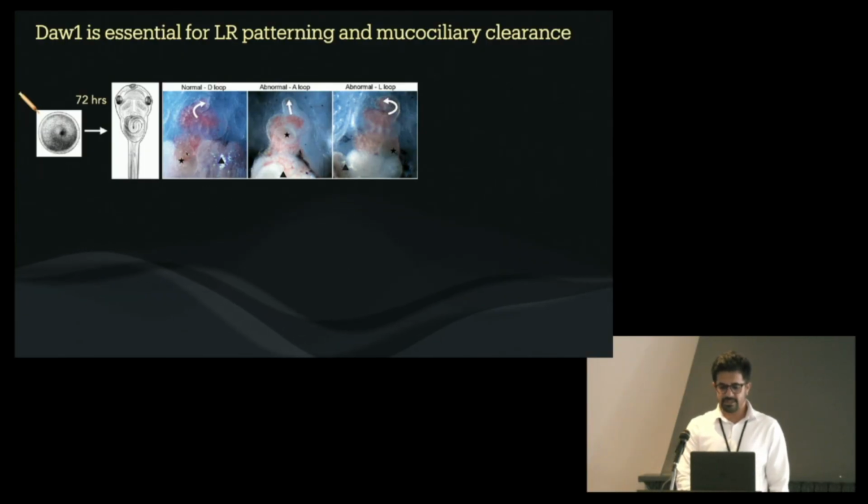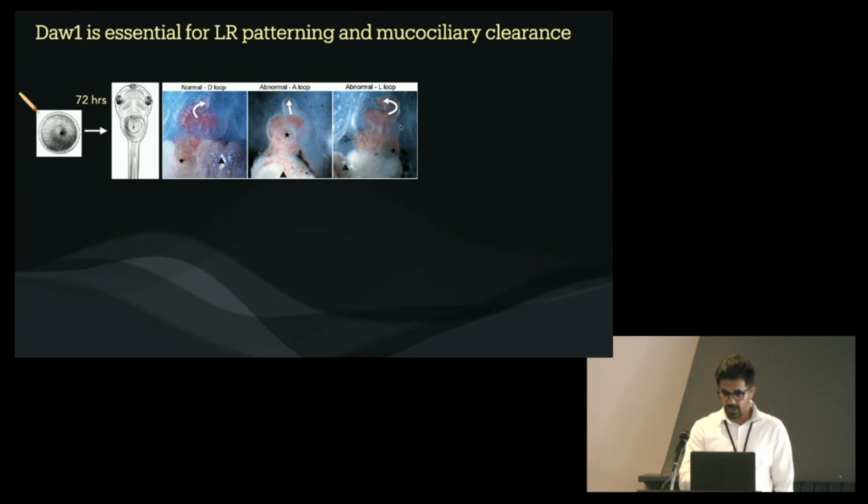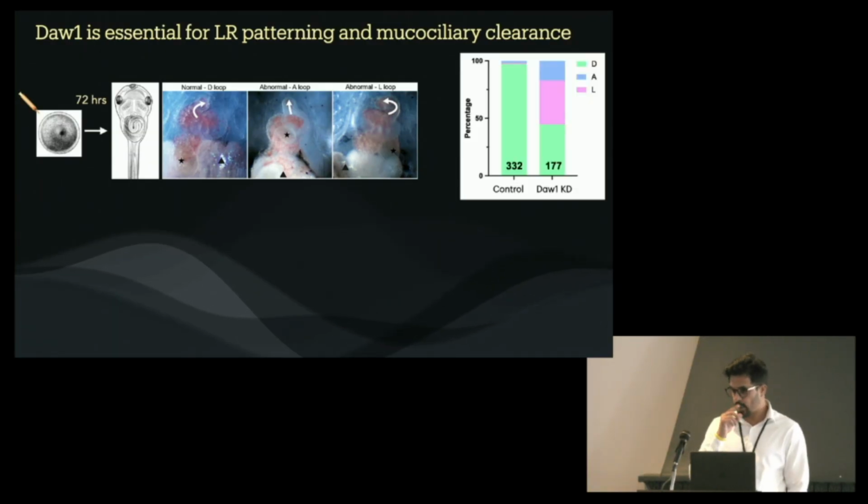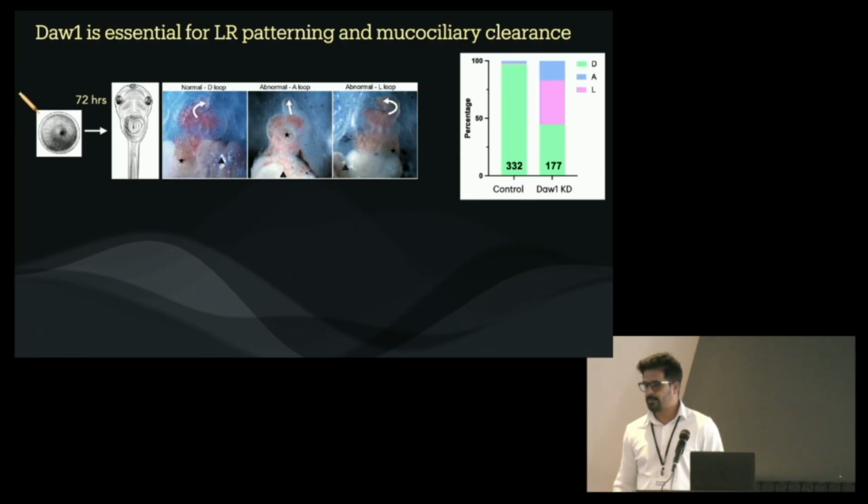This is the normal position of the heart looping or outflow tract. But when you have heterotaxy, you can either get a heart that is not looped at all and the gallbladder right in the center, or a heart that is looped the other way around and the gallbladder on the right side of the embryo. When we knock out DAW1, we get about 60% of the embryos with a heterotaxy kind of phenotype.